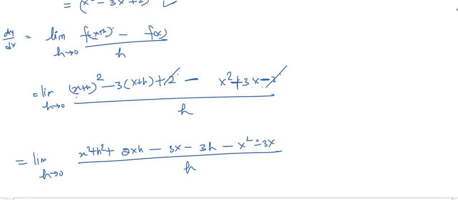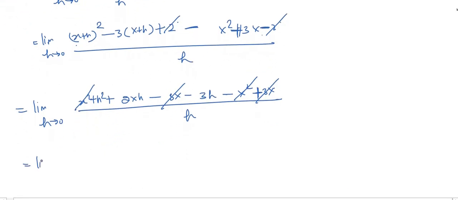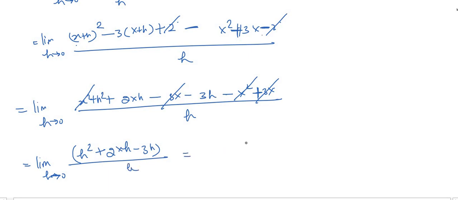I'm sorry, this is plus 3x, this one. Okay, so I think x square is cancelling, and 3x and 3x are cancelling. So now what is left over? Let me write down. Limit h is tending to 0, h square plus 2xh minus 3h by h.